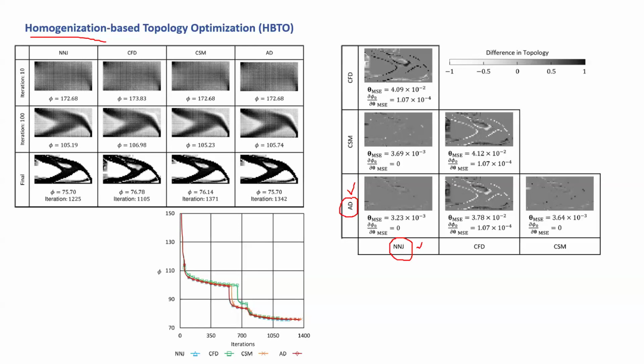We see that the convergence path that they take, both of them, are pretty much overlapped. You cannot even see the blue in here, and the results are also the same. The one that is a little bit more different is the central difference, this one. And you see that the error of the central difference with the other ones is higher. And that is also expected because of the convergence path.